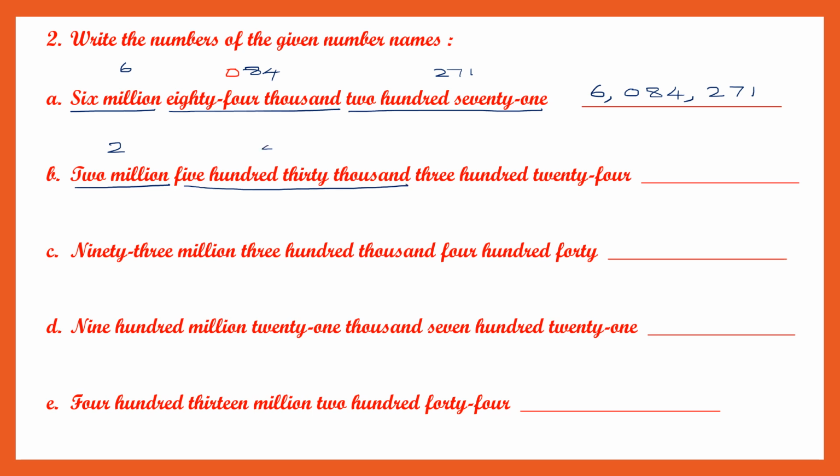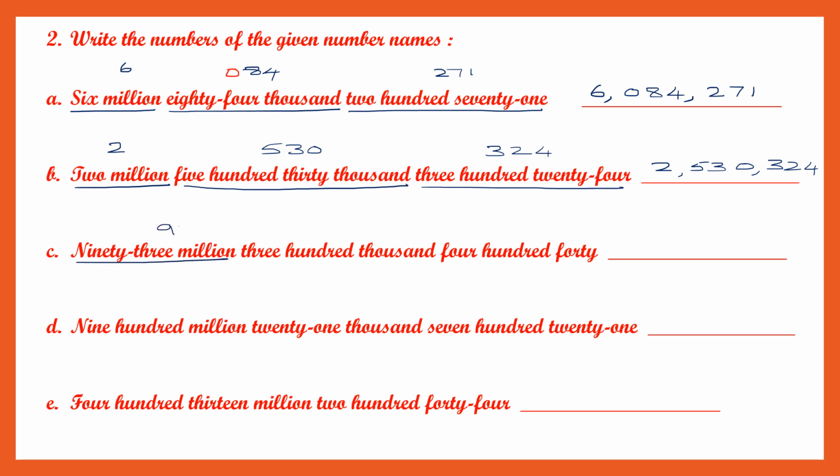So in the thousands period we have 530. And we have 324. So now let's write this down. So that is 2,530,324.